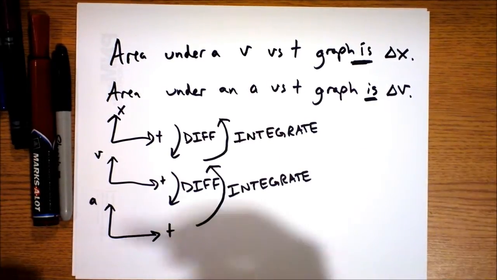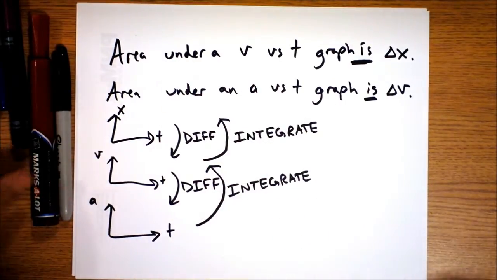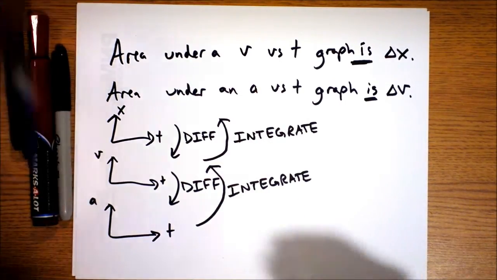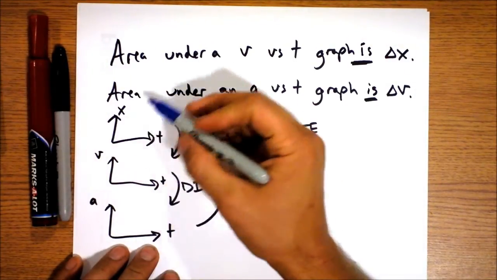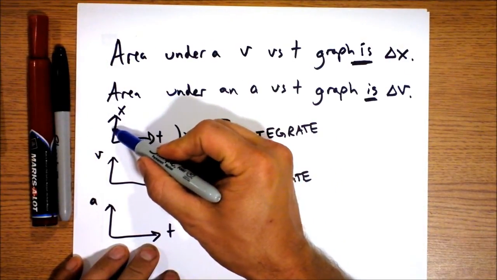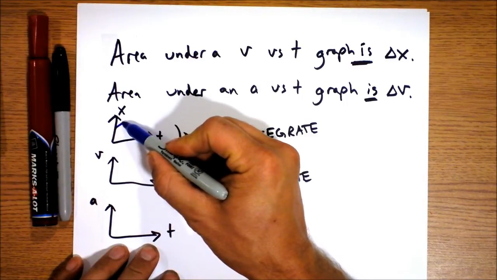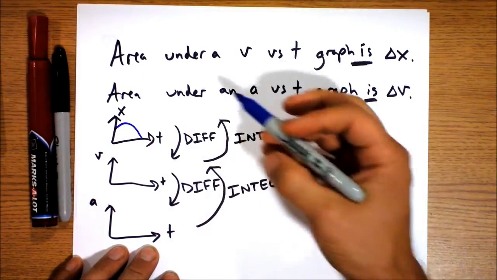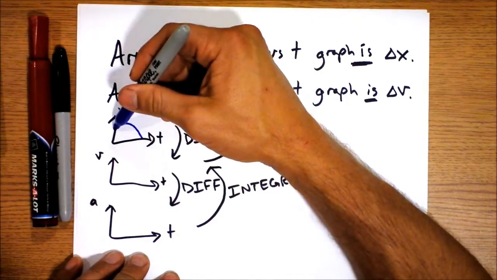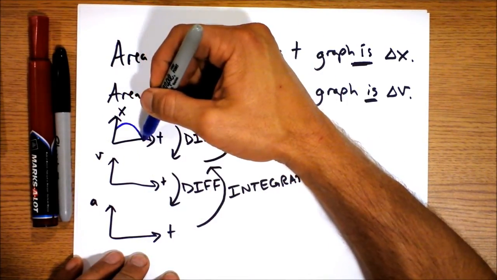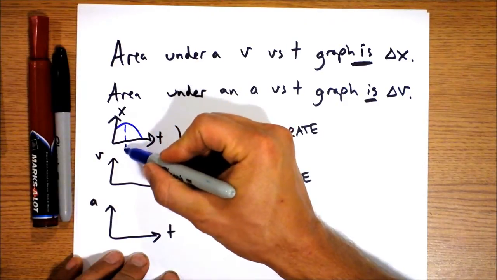If I just draw graphs like this, it doesn't help you understand what's going on. I need to put something on these axes. So let's go back to our turnip thrown up into the air. It goes like that, and then we know that its velocity is positive, and it becomes 0, and it then goes negative.